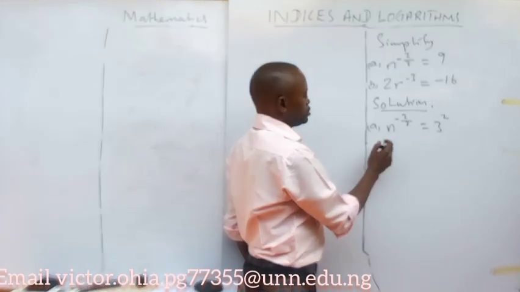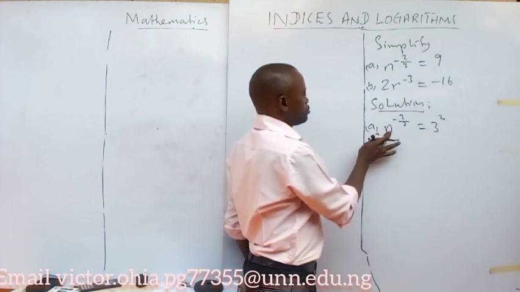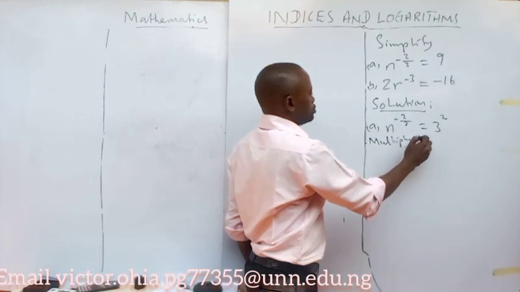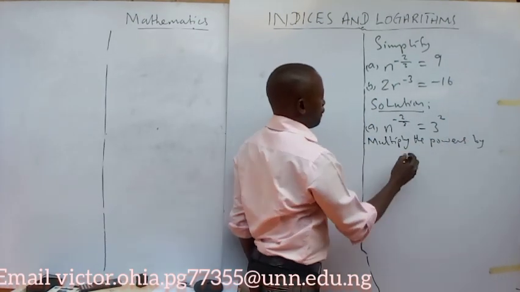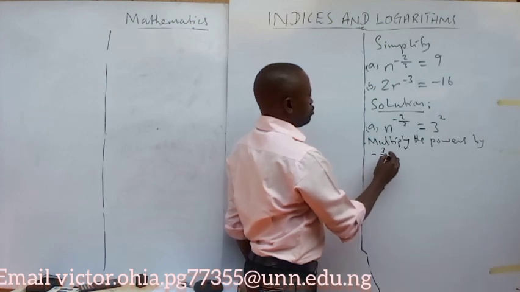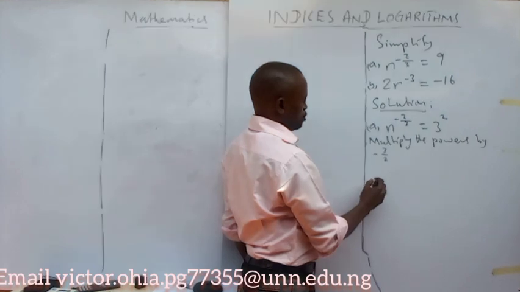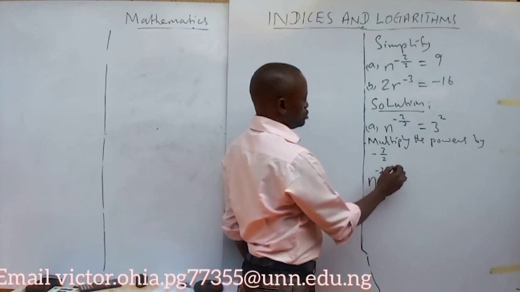What do I mean by that? If I multiply the powers by minus 3 over 2, you realize that here you will now have n, then minus 3 over 2 times minus 2 over 3.